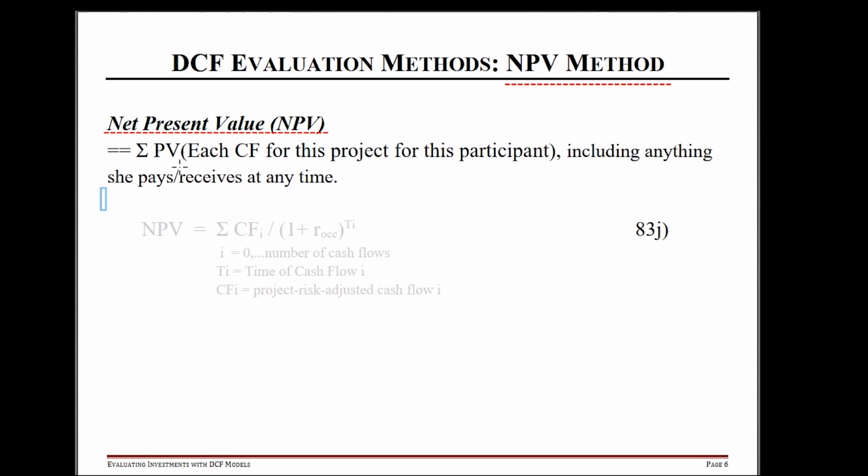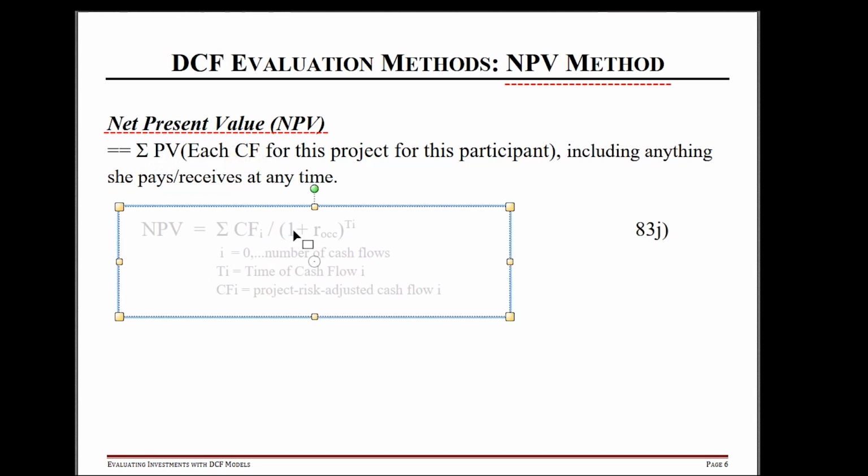So first, for each cash flow that she hopes to get, and each cost she has to put out in the beginning of the project, we're going to present value each one individually, and then we're going to add them up. That's called the net present value of the project for that participant.